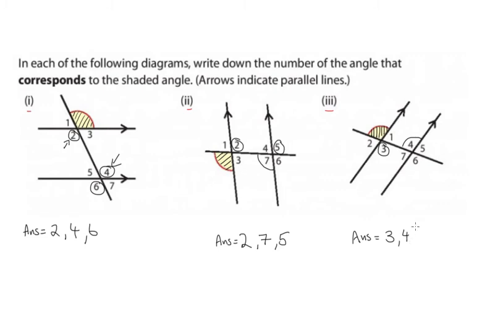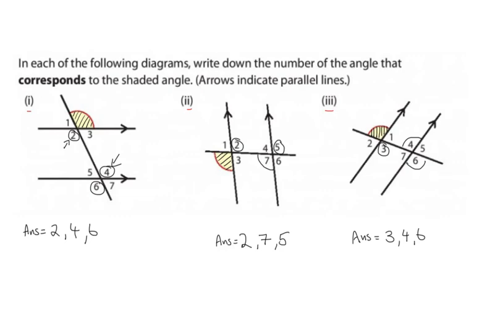So 3 and 4. And then 6 is opposite 4. So 6 is also the same angle. Now, this might be a bit confusing at first, but it's all about practice. It's just practice, and it's really good to challenge yourself.